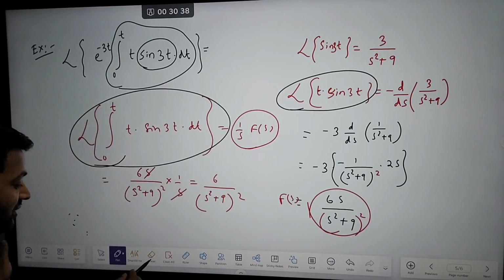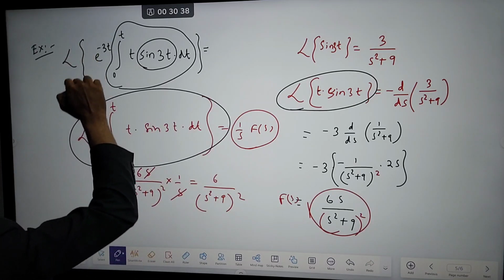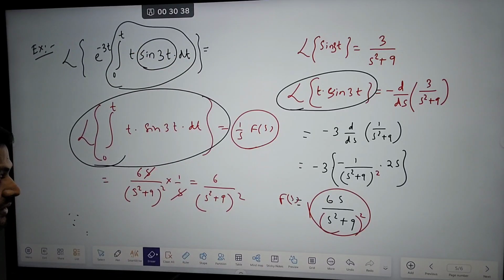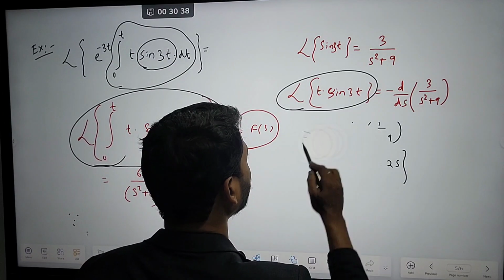But our question is what, we will find out Laplace of e to the power minus 3t into this. So here you apply the first shifting theorem.